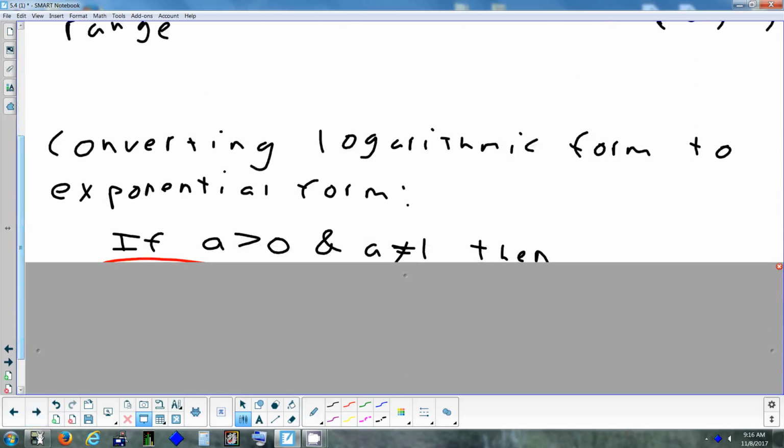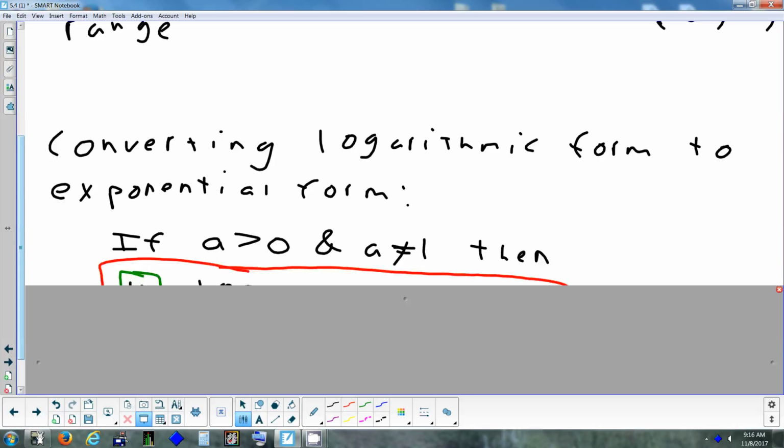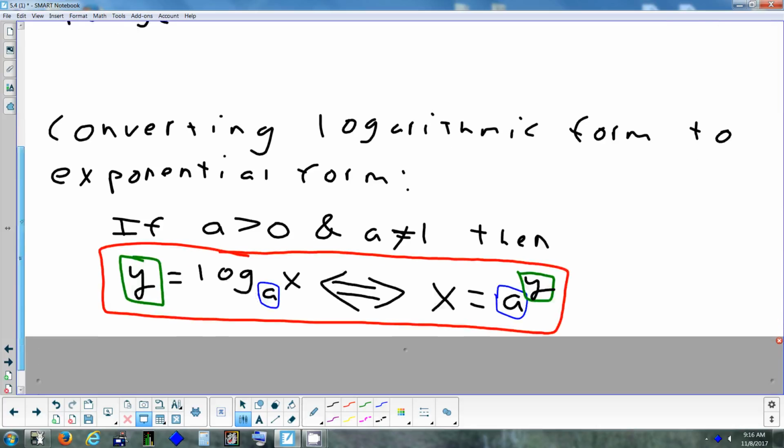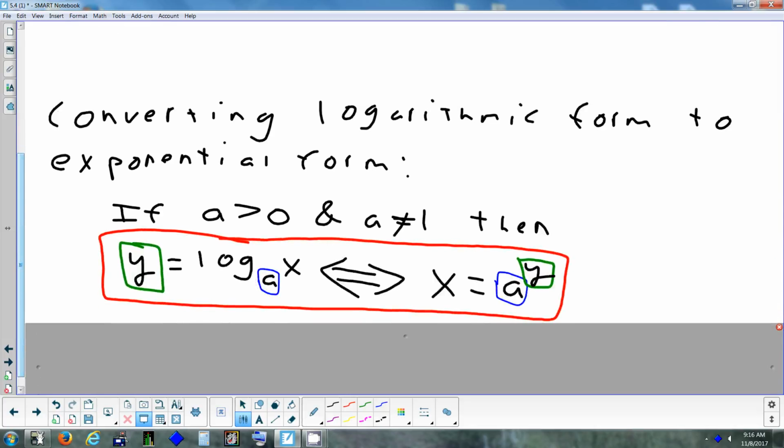So in the equation I'm about to show you, I'm assuming that the variable I'm using is a, and that a is a positive number, not equal to 1. So on the left, that's log form. On the right, that's exponential form. So we just have to learn, when you rewrite it, there's three things. We have to figure out which one goes where.